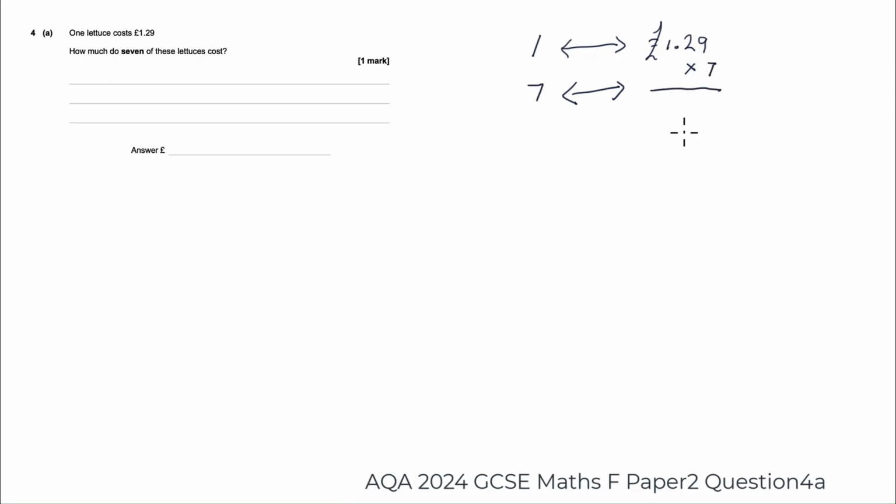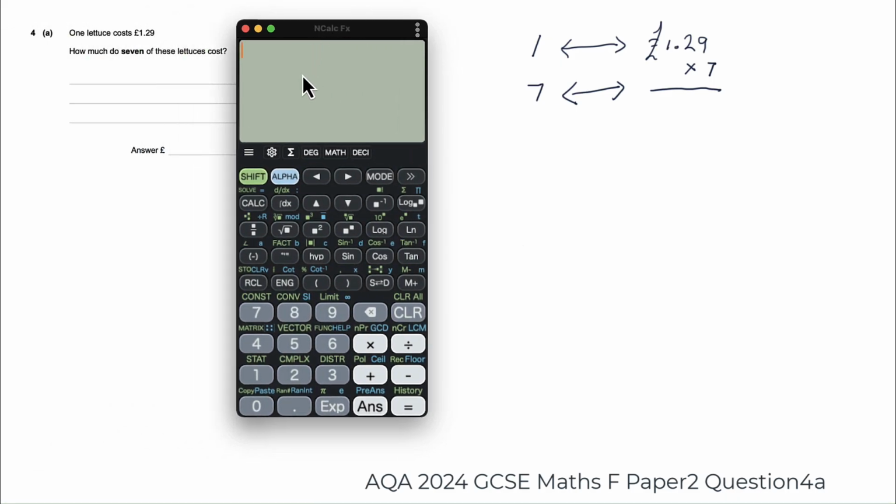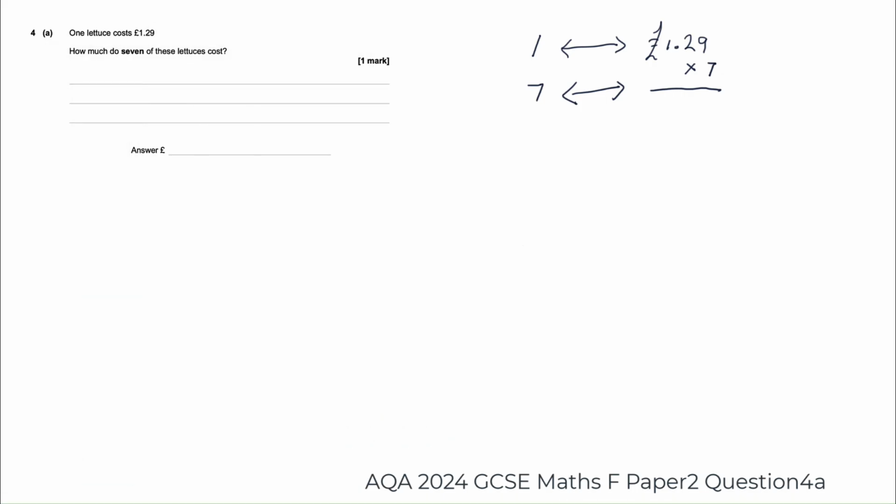So let's get the calculator onto this. So let's put in £1.29 and we'll multiply it by 7. And there we go, £9.03. £9 3 pence.